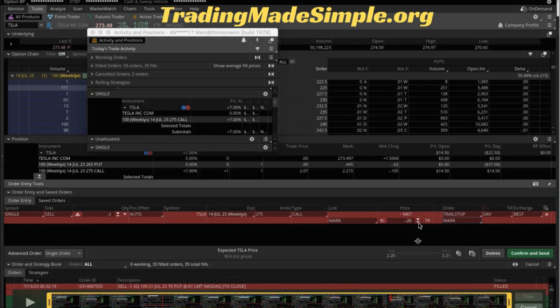If that's the highest point it gets to and then it drops down 20 cents, then it'll get me out of this trade with a $6 loss, right? Because I have approximately $14 here. If it went down another $6, I would be out with that total of the 20 cent trail stop.